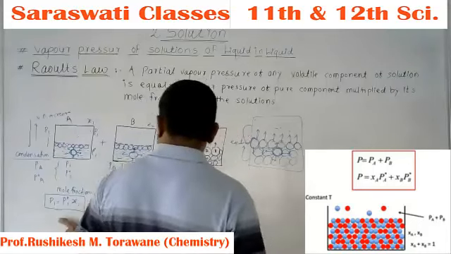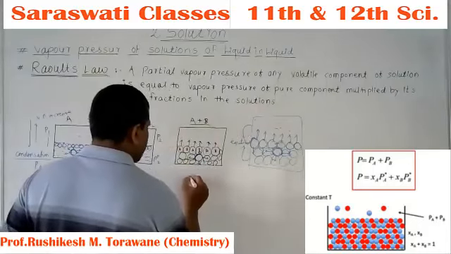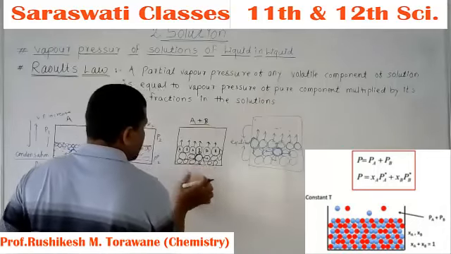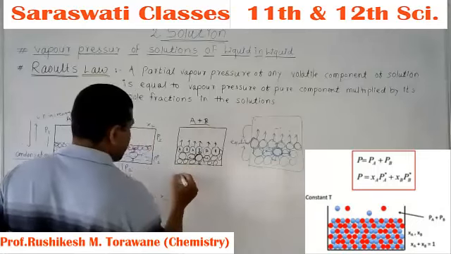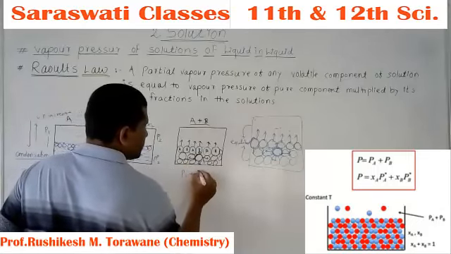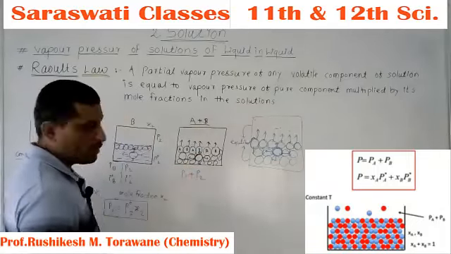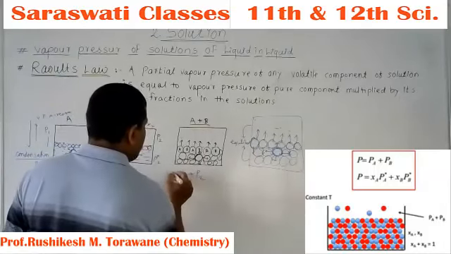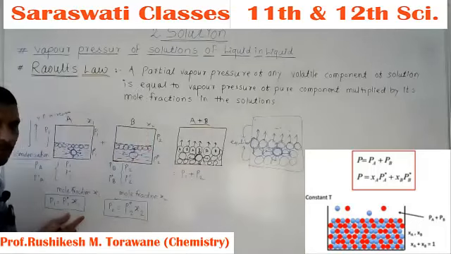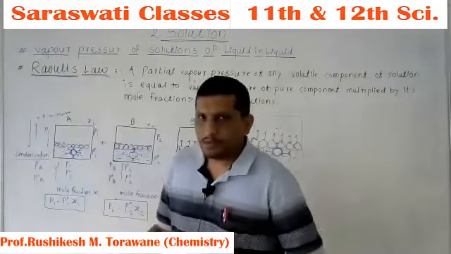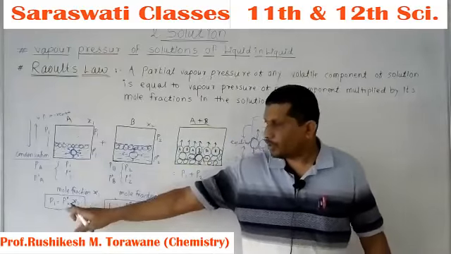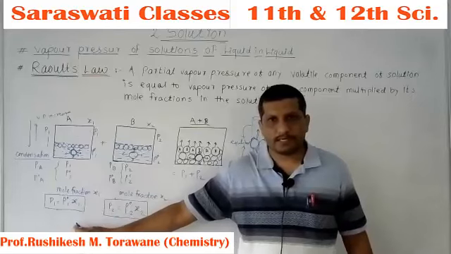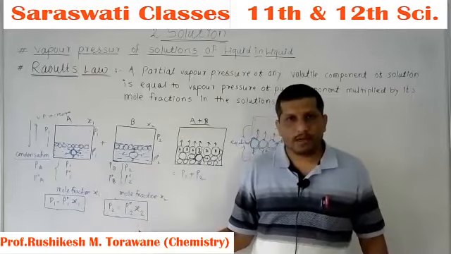Which are the equations? P1 is equal to, and here we write both as an addition, P1 plus P2, and put these values. P1 plus P2 is equal to P naught 1 into X1, the mole fraction of one liquid, and the mole fraction of another liquid.